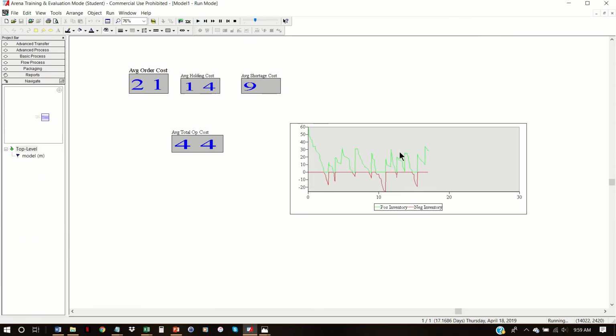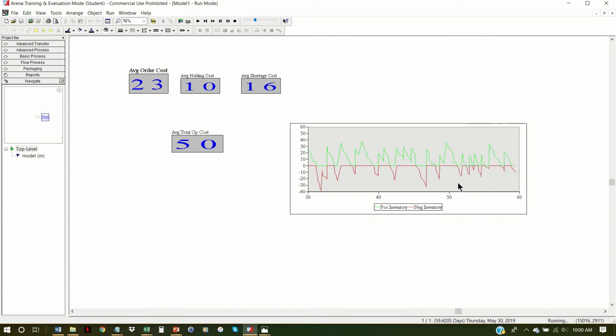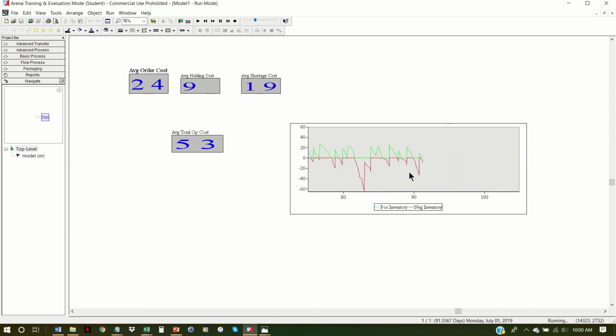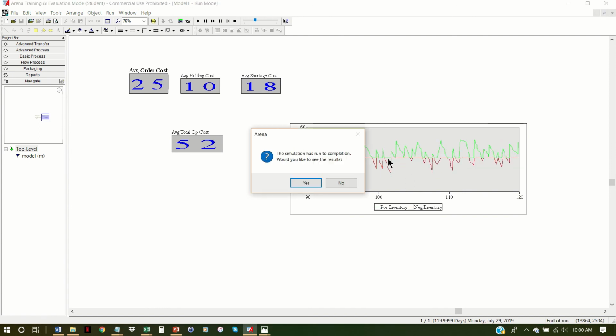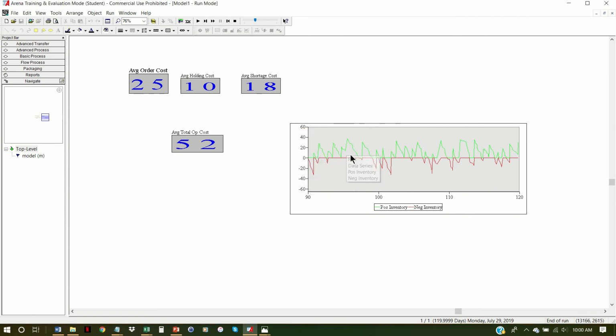And we can see this inventory. If you're familiar with this type of model, you're used to seeing a very regular sawtooth, but since this model has both stochastic demand and stochastic lead time, these peaks and valleys are also a little bit random.